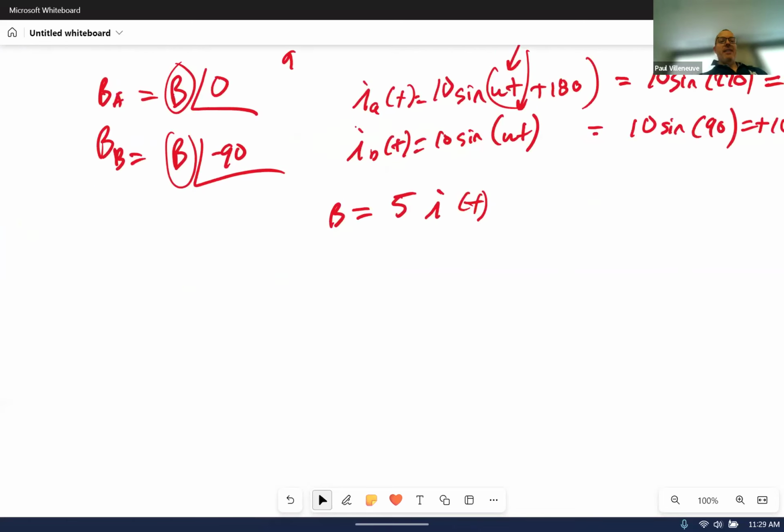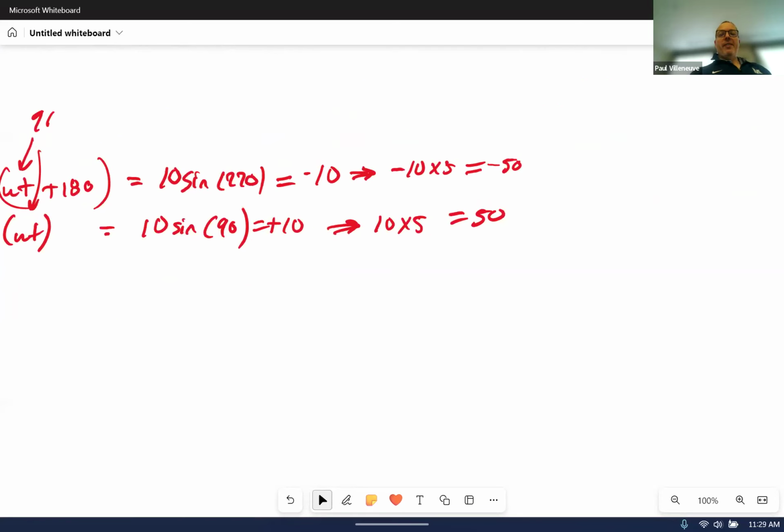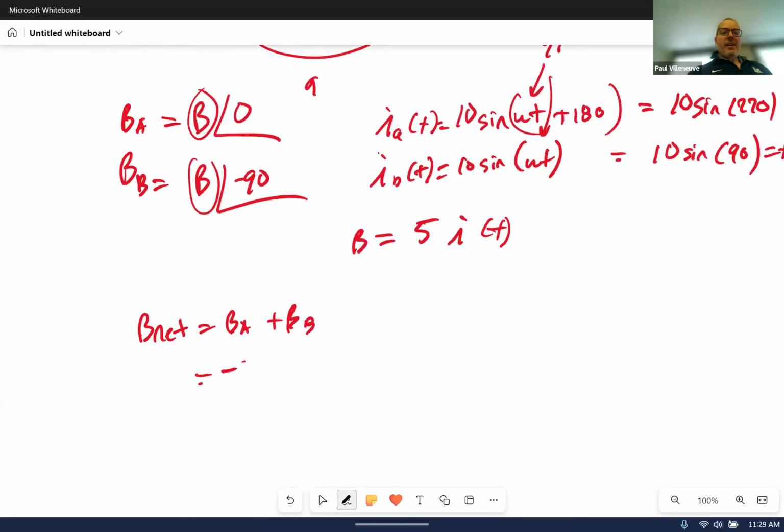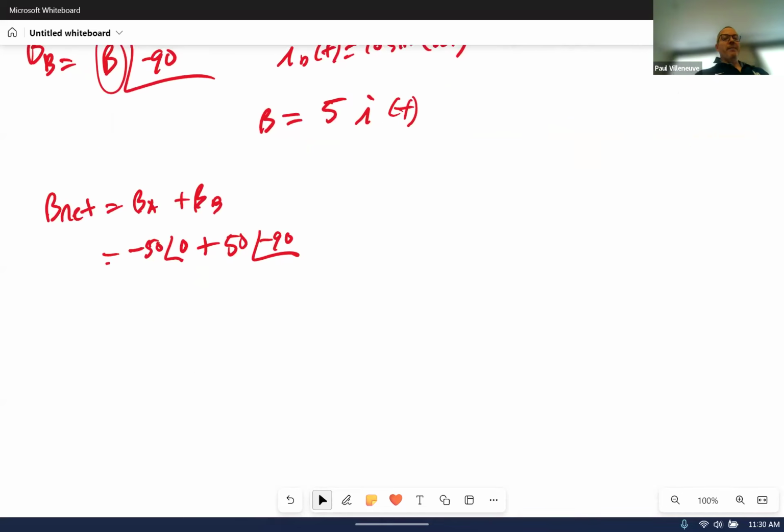So now to get the net magnetic field, B net is equal to B sub A plus B sub B, which is equal to my A was minus 50 at an angle of 0 plus positive 50 at an angle of minus 90. You can enter that in your calculator, or you can just do this vectorially. Minus 50 at an angle of 0 is the same as saying positive 50 at 180.